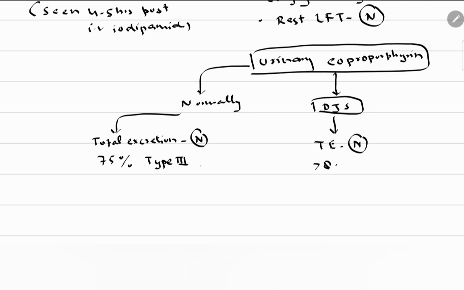But you will find type 1 as a predominant coproporphyrin, and the treatment is not required in Dubin-Johnson syndrome.